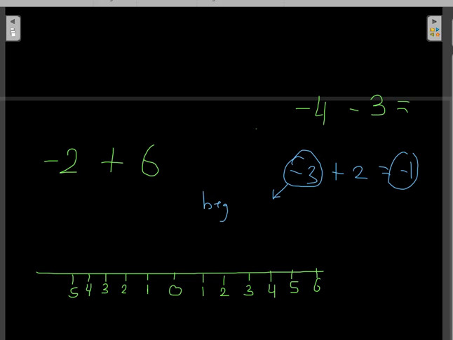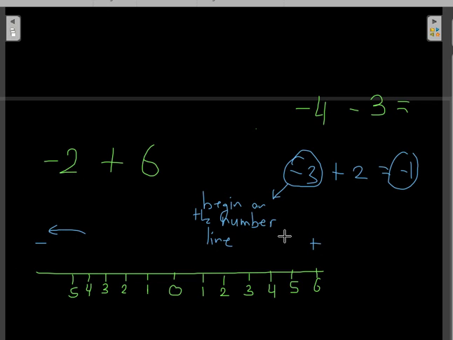So you begin on the number line. Things to know about the number line. The left hand side is negative.